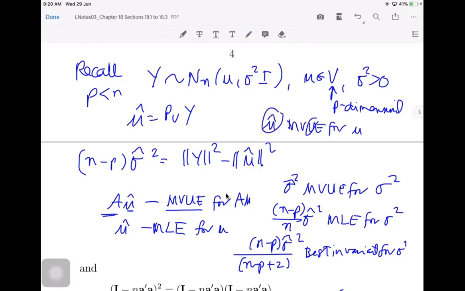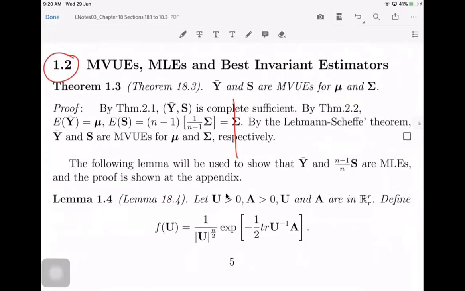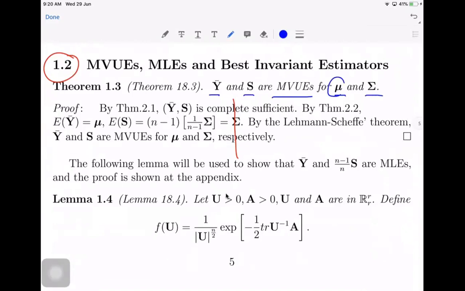So equivalent to the following results, we have an equivalent version for your multivariate case. So here, Y bar as it was defined earlier, and S are MVUE for mu and sigma.